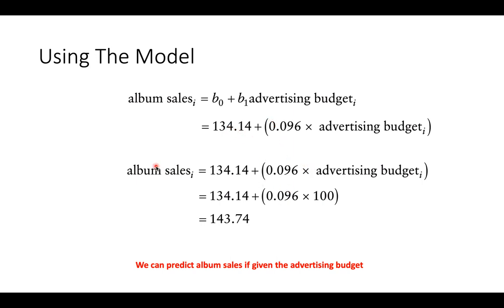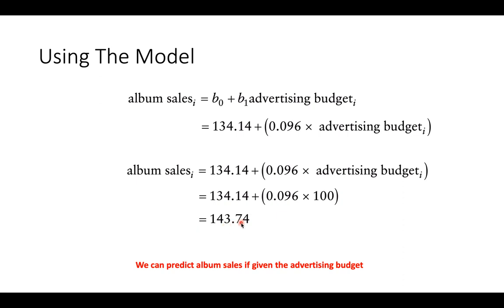If I wanted to, let's focus on this lower one here. If I wanted to say that for our next upcoming album, we're going to have an advertising budget of 100, remember, it's in thousands, 100,000 pounds of an advertising budget. I just do the math, 100 times 0.096 plus 134.14 yields 143,000 album sales. 143, technically 0.74 thousand album sales.